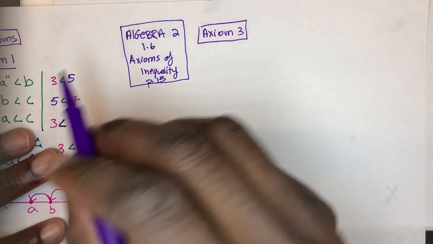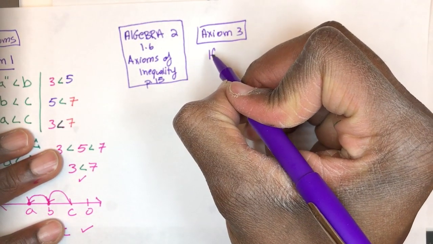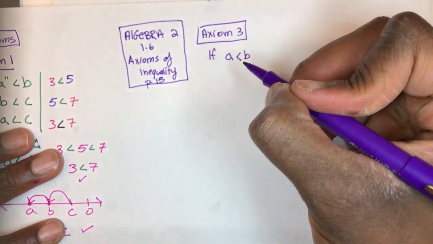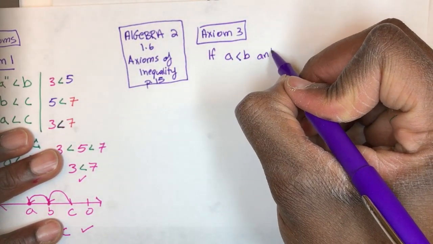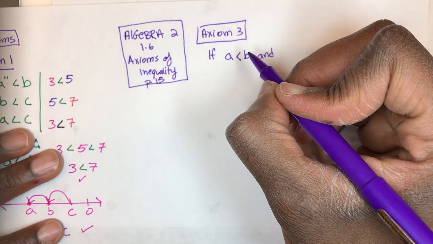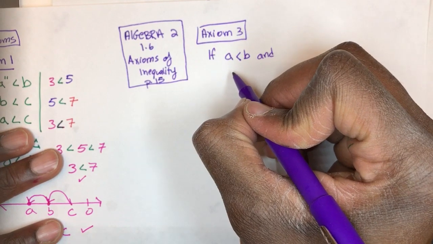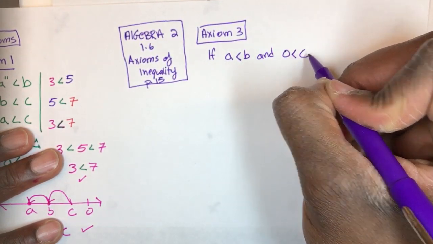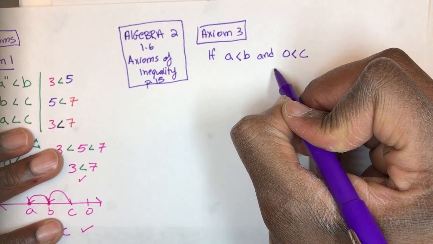All right, axiom number 3 says, if A is less than B, then we got our A's and B's again, and C is greater than 0, which means what? C is positive, right?